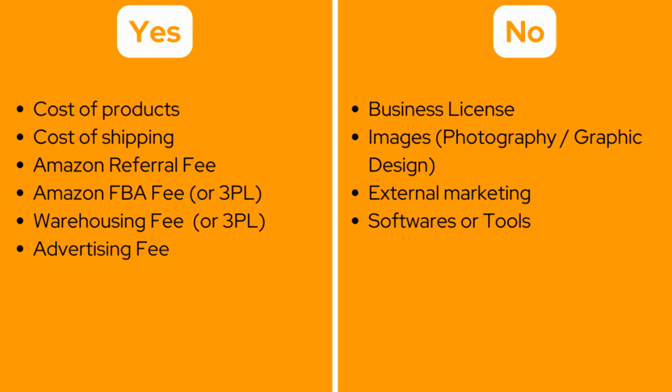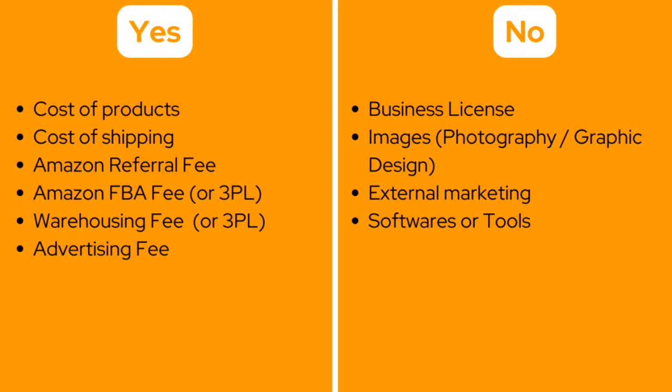What about no? Things like your business license, things like your images, because the images you are creating not as a one-time shot, you are creating them and you're going to be using them as long as you are selling your product. Photography or graphic design, external marketing such as Facebook ads, Instagram ads, and all of those types of marketing, those are not something that you can allocate per product.